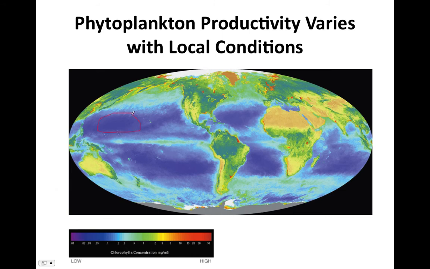Areas like right here. And why? Well, because we said the water is very warm here, so there's a large thermocline, and therefore a large pycnocline, so the water is not vertically mixing, so there are no nutrients at the surface. And the nutrients are necessary for photosynthesis.